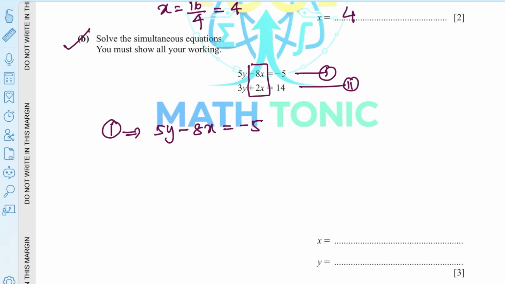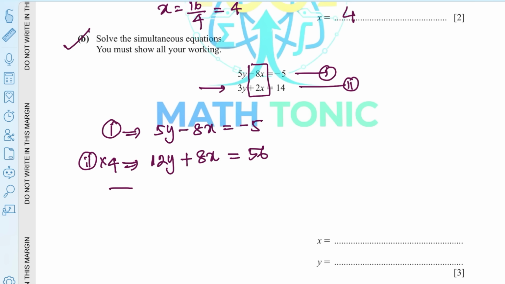So in the second equation, I'm going to multiply by 4, because I want to make 8 and 8 here as well. So 4 times 3y becomes 12y, plus 4 times 2x becomes 8x, and 4 times 14 will be 56. Clear? You have to multiply each term by 4.